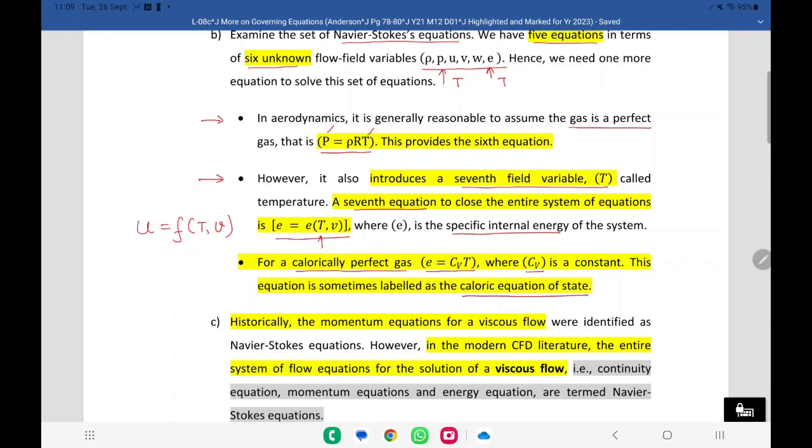Here what we are doing is removing P and E, replacing them with T, and introducing P is equal to rho RT. One is the gas equation, and the second we are using is E is equal to CVT. So we are adding CV also there. Again, CV is a property of the gas.